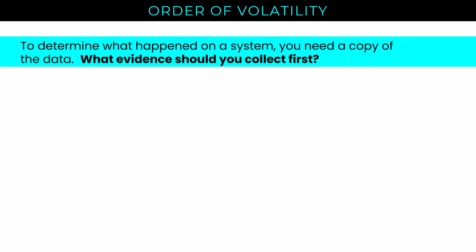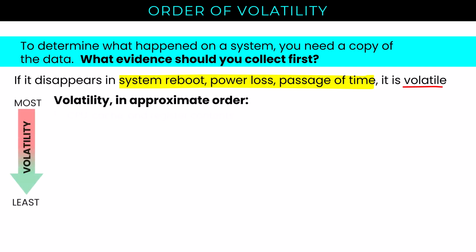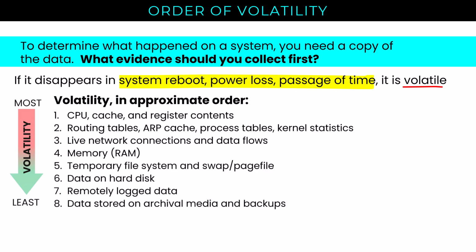But what evidence should you collect first? Well, if it disappears on system reboot, power loss, or through the passage of time, it is considered volatile. So if we were to quantify that volatility in approximate order from most to least, CPU cache and registers are very volatile, where data stored in an archival media or backup is not at all volatile.